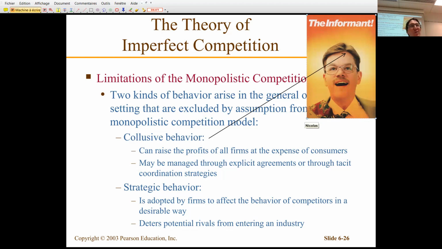It's like acting as a monopoly. So what you do as firms is you say, oh, we're going to collectively decide to restrict our production. This is going to hike the price and we're going to make more profit, and then we can divide the profits among each other and so make a better profit.